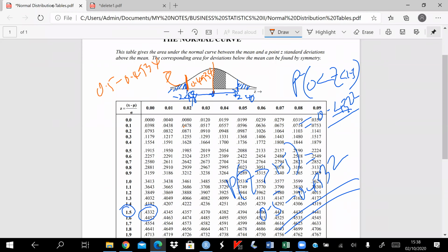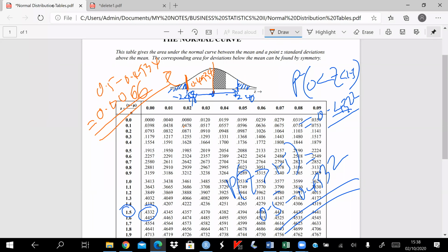If you do that simple math, the area, which is the p-value in this case, will be 0.00666. So if you use the tables, you'll get something like that.